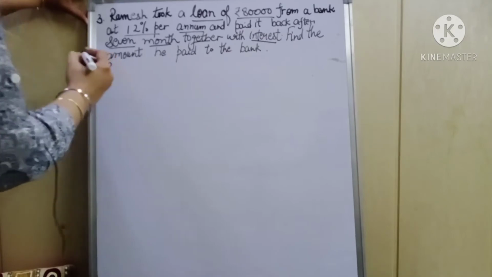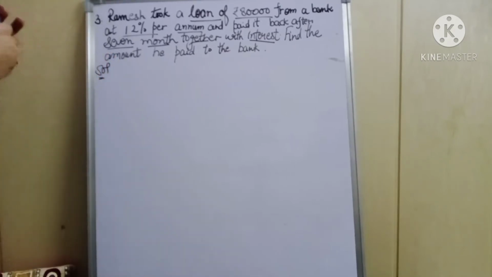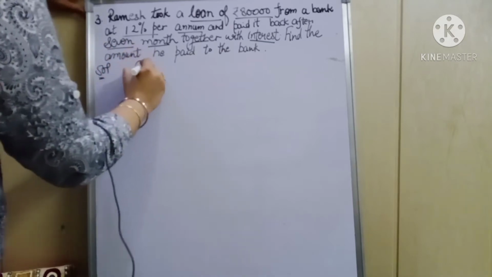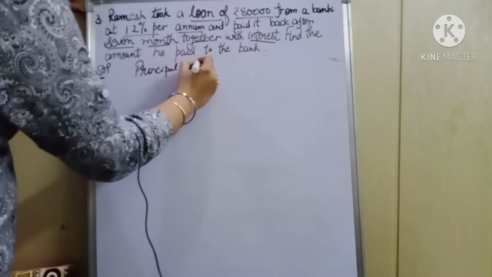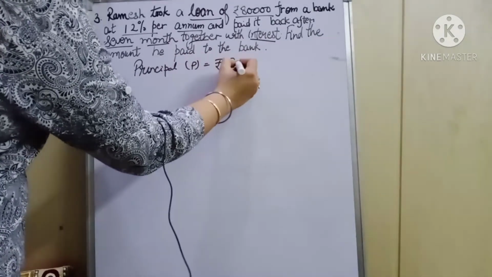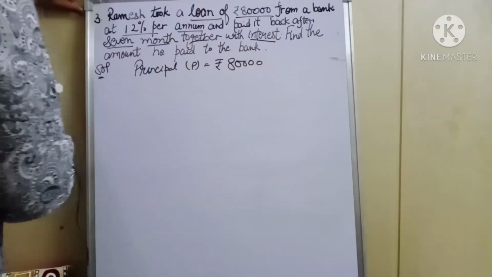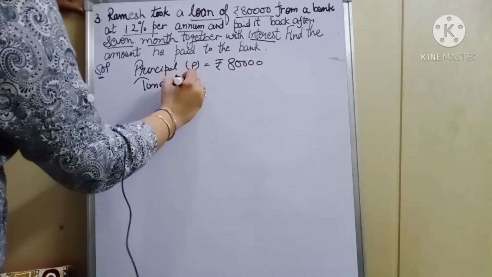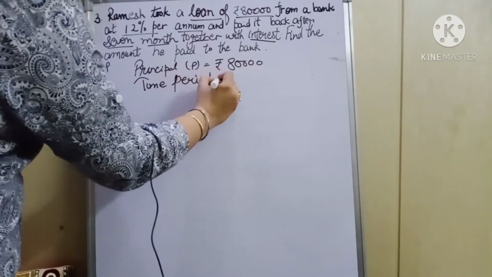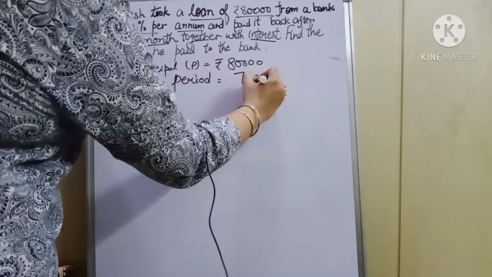Let us solve. What have they given us? They have given us principal P, that is equal to rupees 80,000. Time period, that is 7 months.